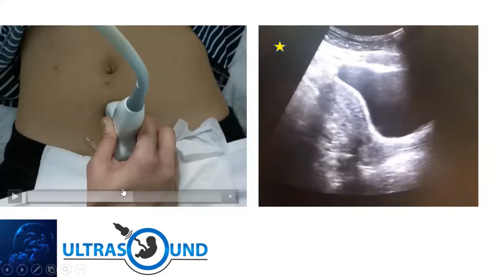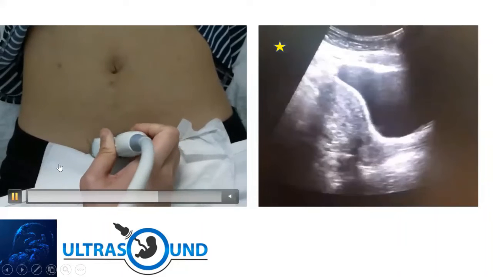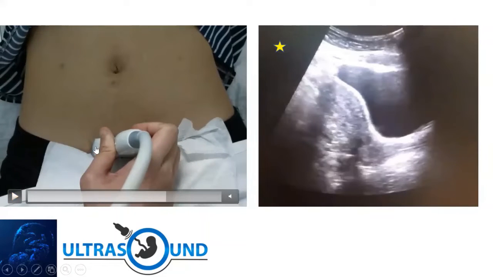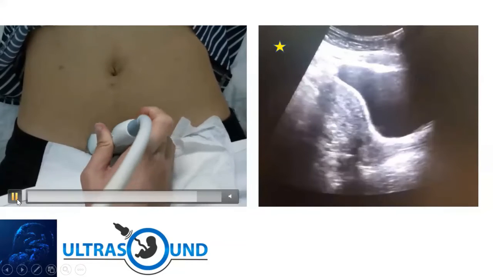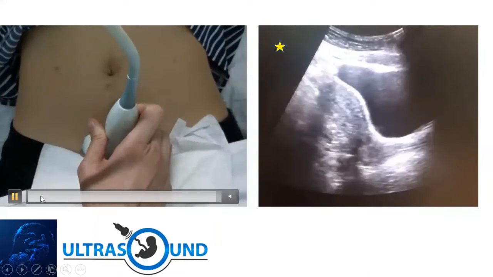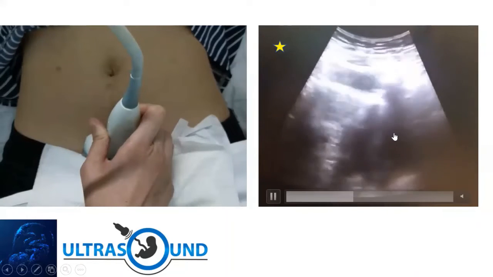Okay. And then after that, you sweep into the transverse view. Okay, see the marker is supposed to be here. It was on top and I turn it 90 degrees so that the marker points to the patient's right. And I sweep from the top to the bottom. So this is how we tilt. All right, this is what you will see in real life. So you switch.